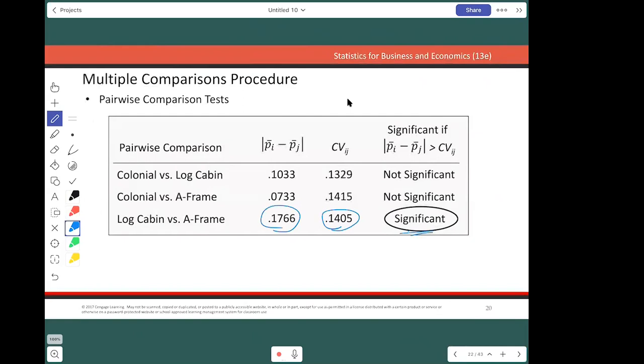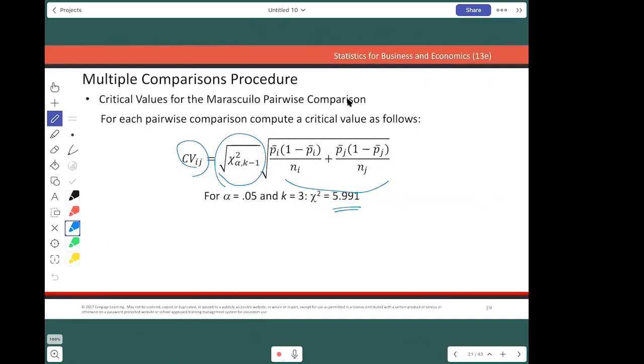Now, it might be a little difficult to appreciate this at first, but let me see if I can give you another way so that you could appreciate this. Let's go back to confidence intervals, because it's related. This part, which we call a critical value, is almost like a margin of error.